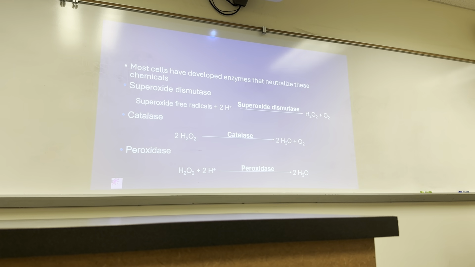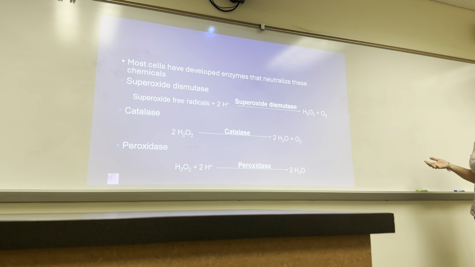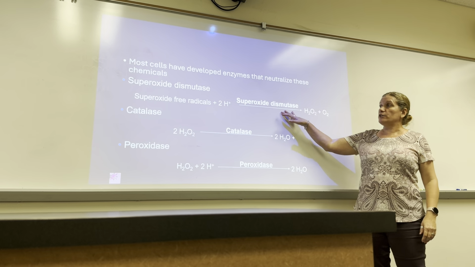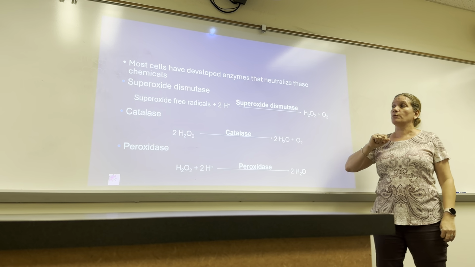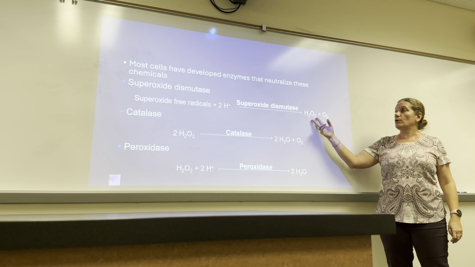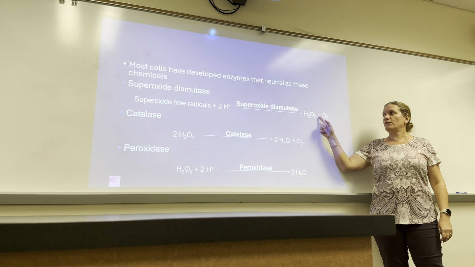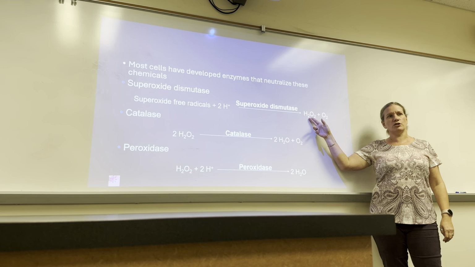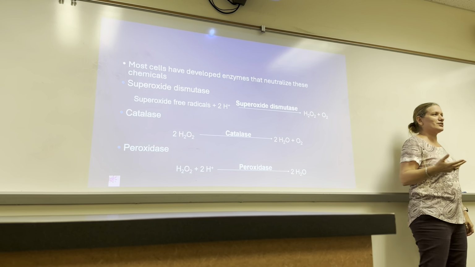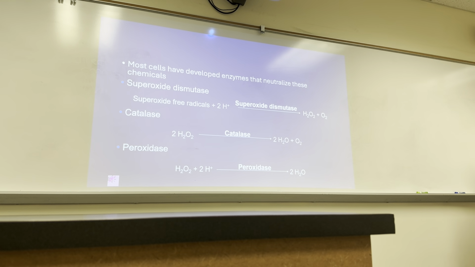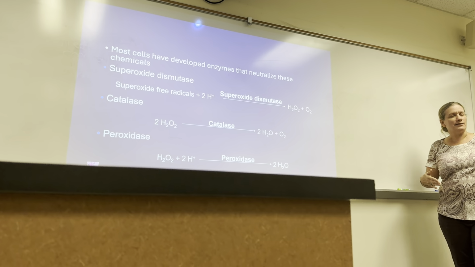There's an enzyme called superoxide dismutase that breaks down the superoxide free radicals into hydrogen peroxide and oxygen. Unfortunately, that's not sufficient because hydrogen peroxide is one of the toxic byproducts, so that's not going to be an endpoint.